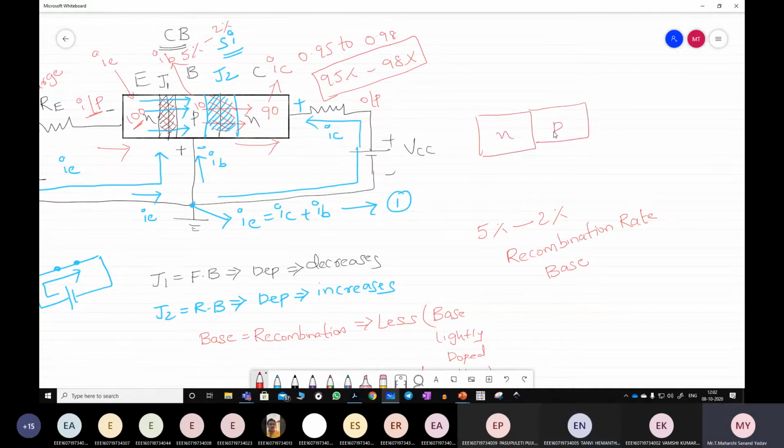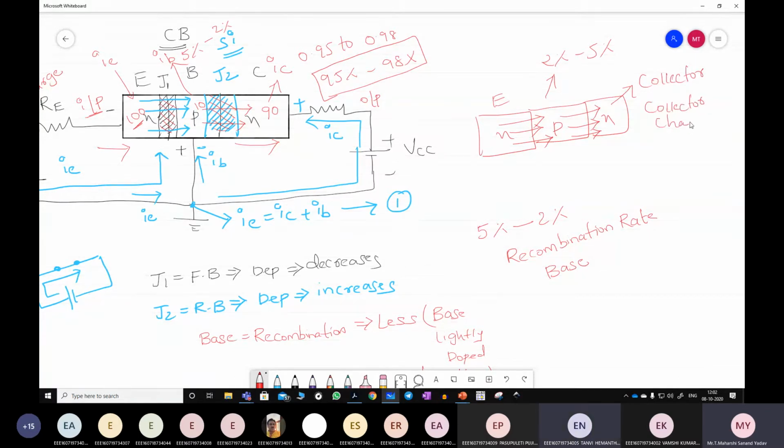This is N, this is P, and this is N. If I'm emitting 100 charge carriers from emitter end, only 2 to 5% recombination is taking place within this base, and rest everything is entering into collector part, since the role of collector is to collect the charge carriers.